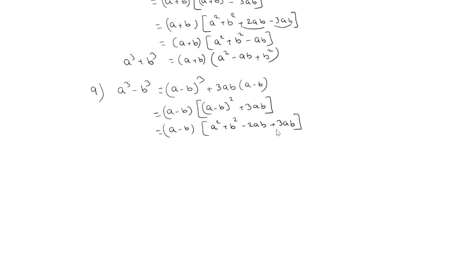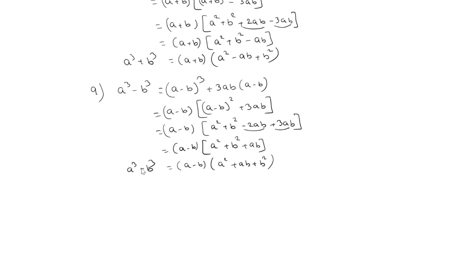So what it leaves in the next step, a minus b into a square plus b square minus 2ab plus 3ab, will become plus ab. The final answer, just in arrangement form, we have a minus b into a square plus ab plus b square. So finally this is the formula for a cube minus b cube.